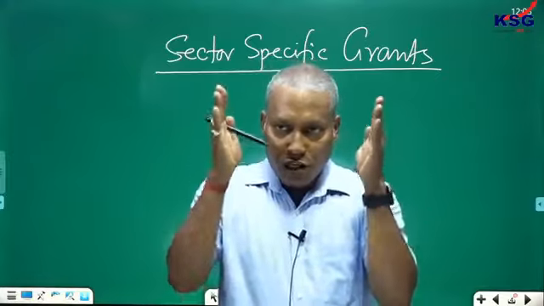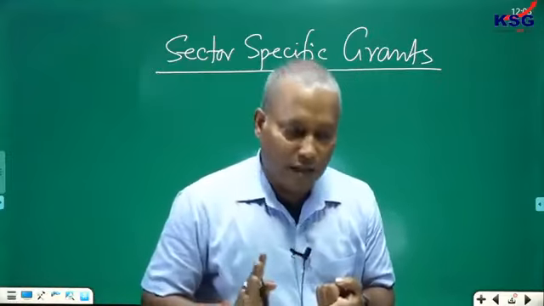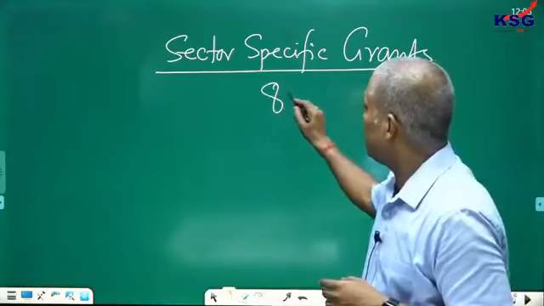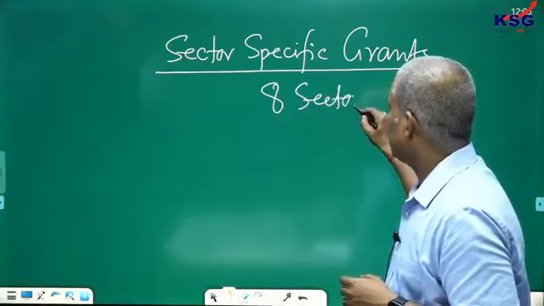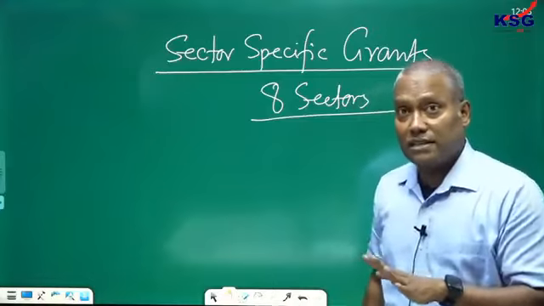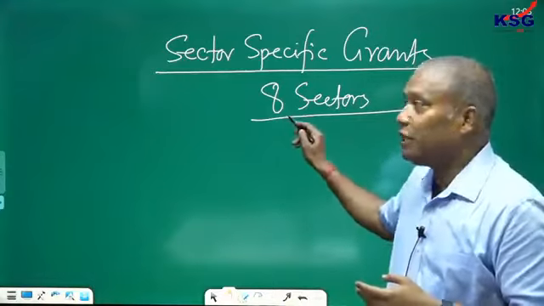So to promote or develop particular sectors, the Finance Commission can recommend grants. Clear? So there are 8 sectors. To develop these 8 sectors, the Finance Commission recommended grants, and states are given the grants for the development of these 8 sectors.